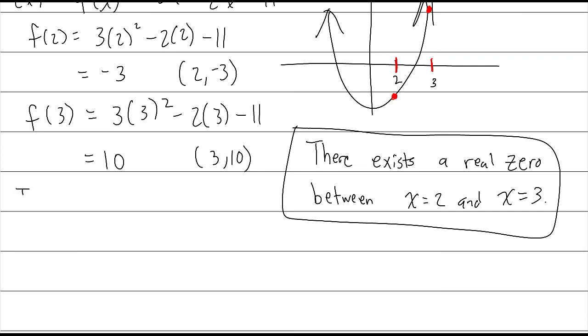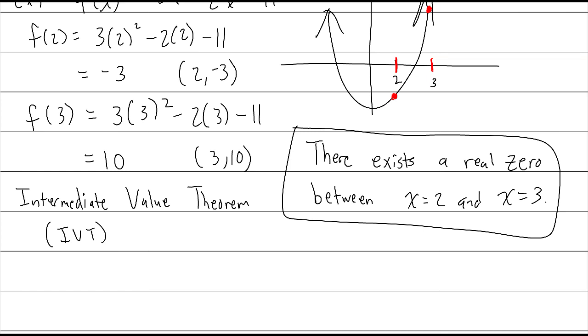Again, that's called the intermediate value theorem, or we'll call it the IVT for short. So there we go. We used the intermediate value theorem and we determined that there was a real zero between 2 and 3, not actually having to picture the graph.